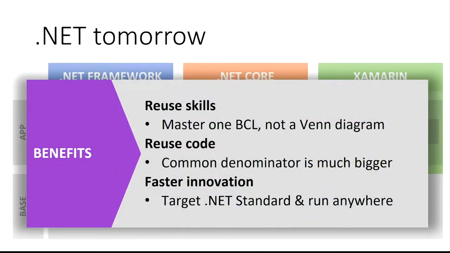This allows you to master one BCL and reuse that code. So you're not using a Venn diagram and saying, I'm using a bit of this and a bit of this. You're actually just using a standard. You get a much bigger common denominator, and we can innovate faster at Microsoft because we develop things, ship them to .NET Standard, and they're going to run anywhere for you.